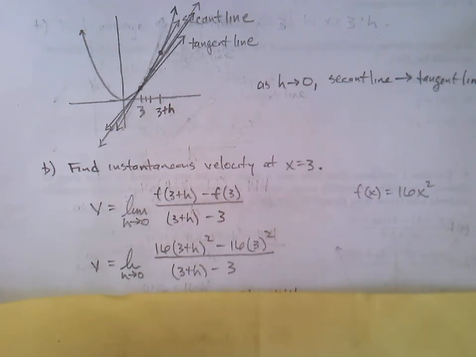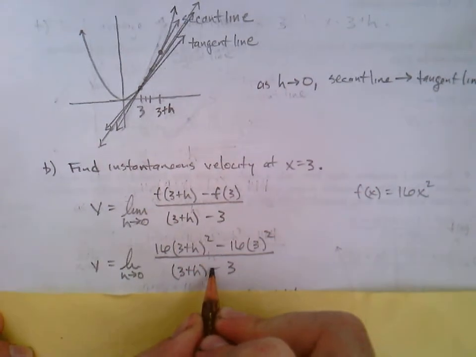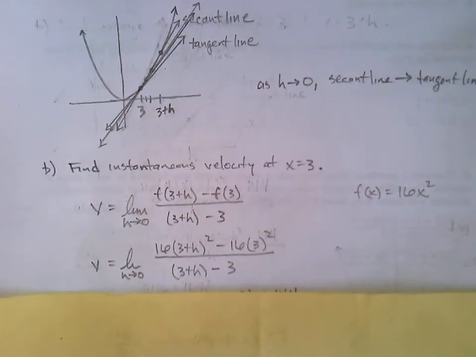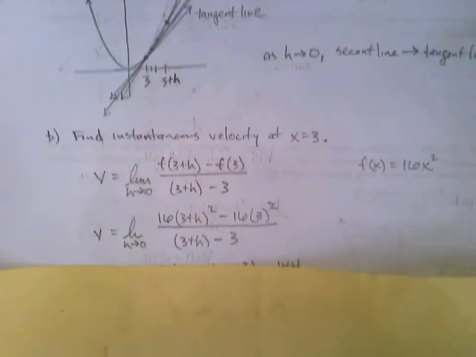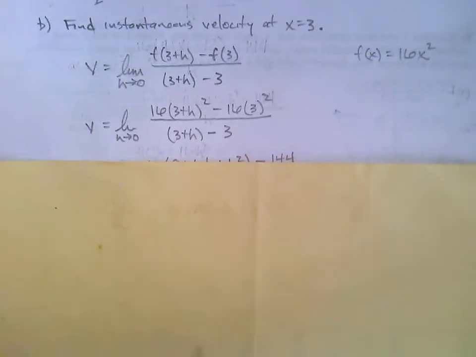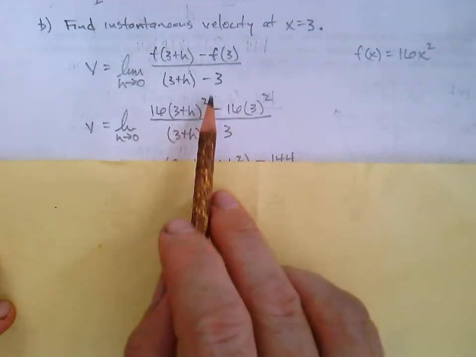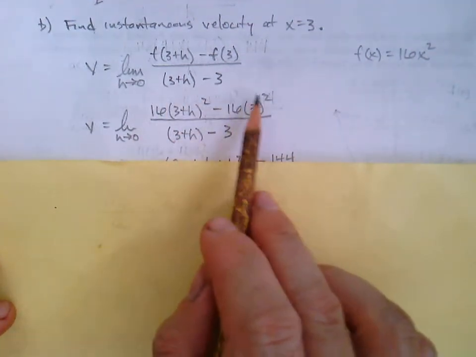Now that's the same as it was in part A. And then it's over, I'm just going to leave this for the moment, 3 plus h minus 3. Now it's going to be our job to multiply all this out. Obviously, we can do that calculation as well.